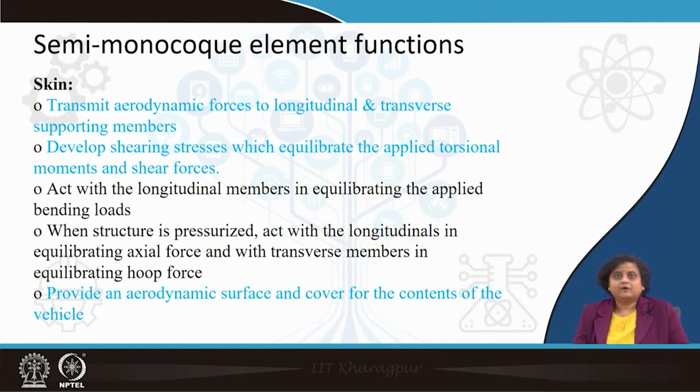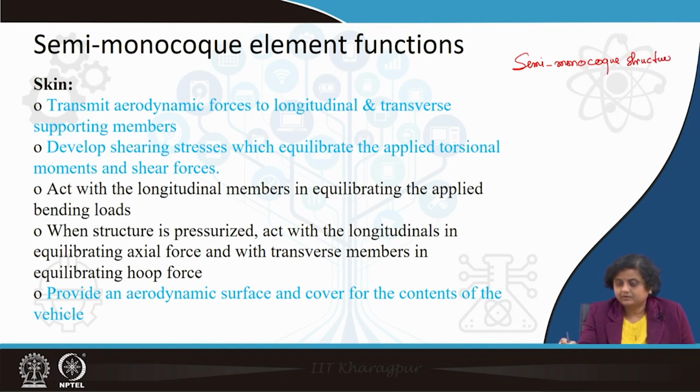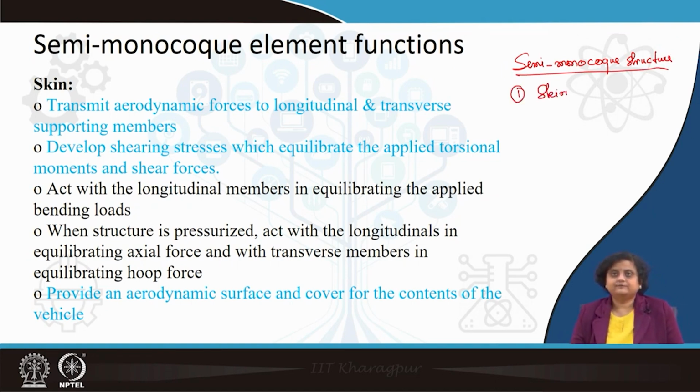Now, therefore, we can say that for a semi-monocoque structure, the major component is the skin, which is the outermost cover that gives you the aerodynamic surface, improves the aerodynamic efficiency and controls the drag. That is the skin, the thin skin-like structure on top of the aircraft covering all the internal structure.